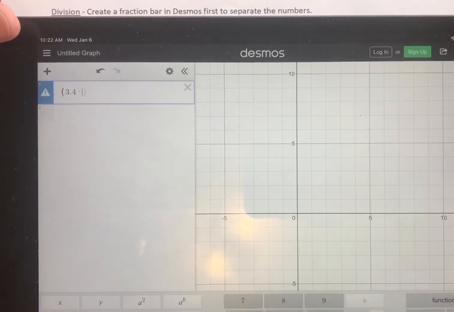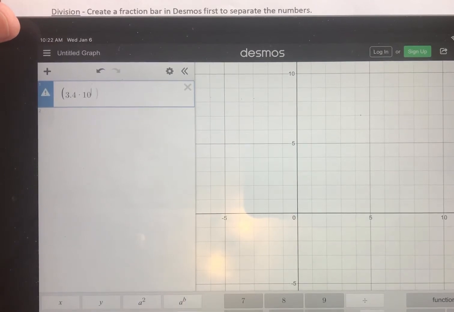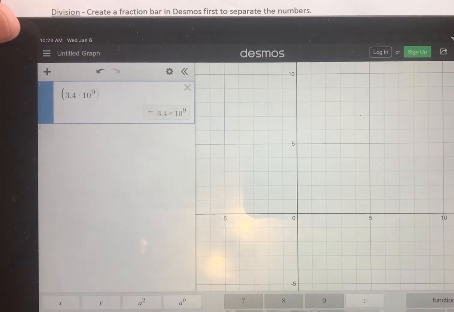Times 10, and we'll do the exponent to the 9th power. And close that one up, and then I do another parenthesis times 2.15 times 10. A to the b is the exponent, to the 5th.